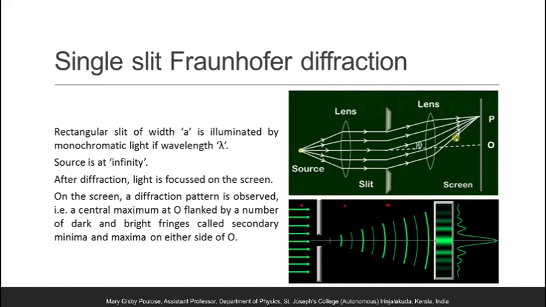It is flanked on either side by a number of dark and bright fringes called secondary minima, secondary maxima, secondary minima, secondary maxima. On either side there are a number of secondary minima and maxima.